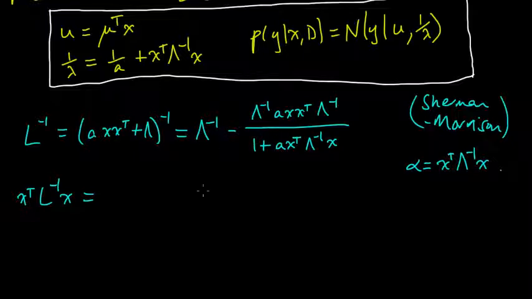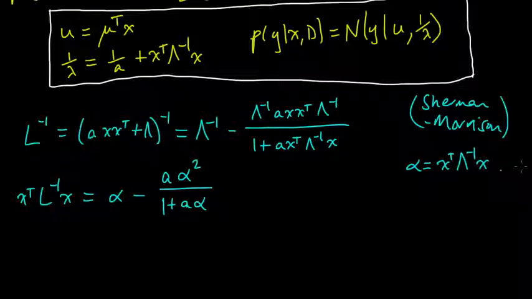By linearity, this becomes alpha, and we can pull out the A, and we get alpha squared, since I'm just multiplying X transpose and X through on both sides of L inverse, divided by, and this just stays the same, A times 1 plus A times alpha.